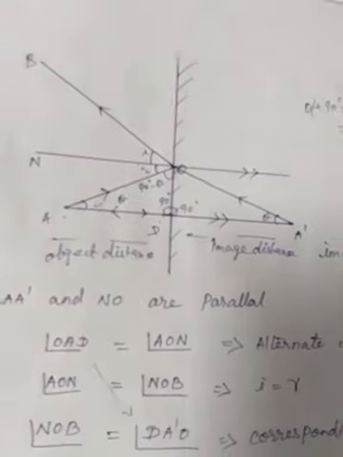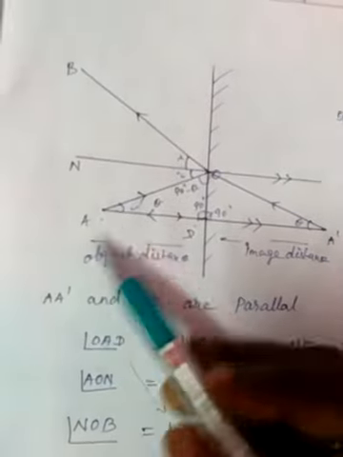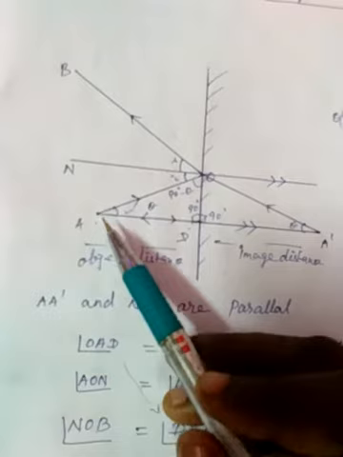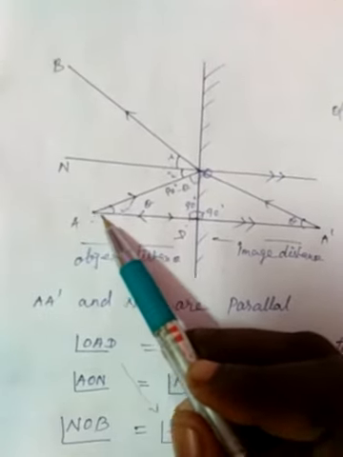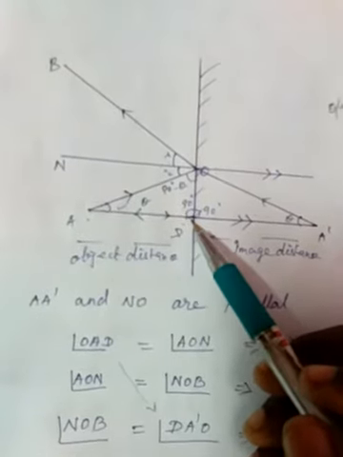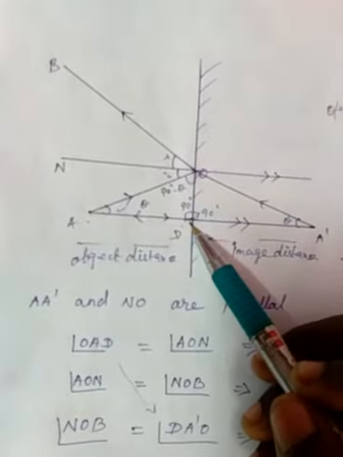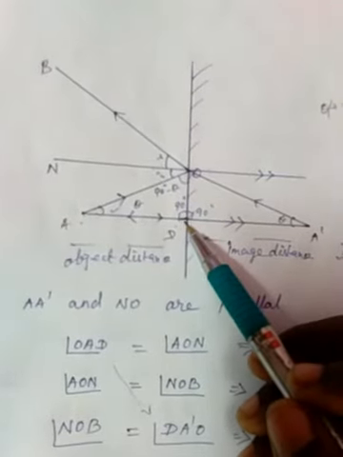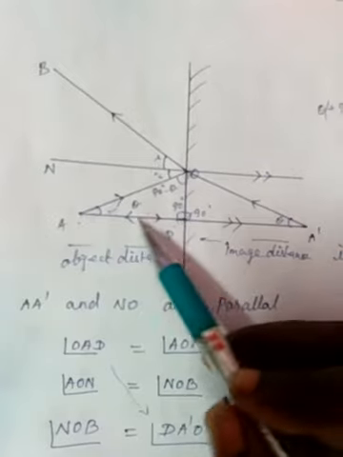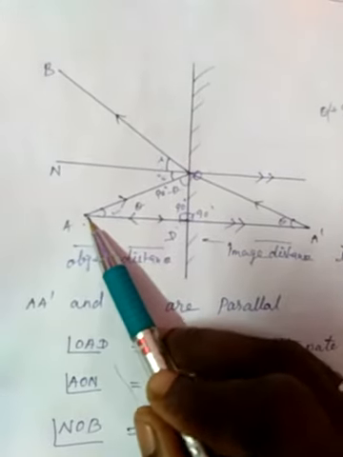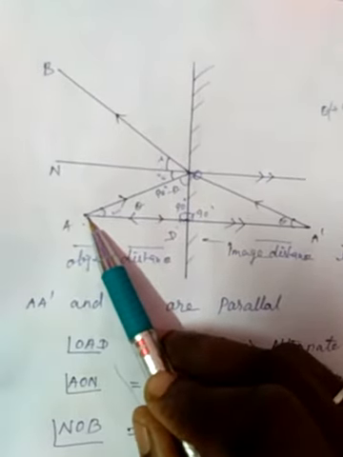Next, you see that from A, another incident ray goes straight and falls on the reflecting surface, the plane mirror. Immediately it is reflected in the same direction as the reflected ray. Are you understood?